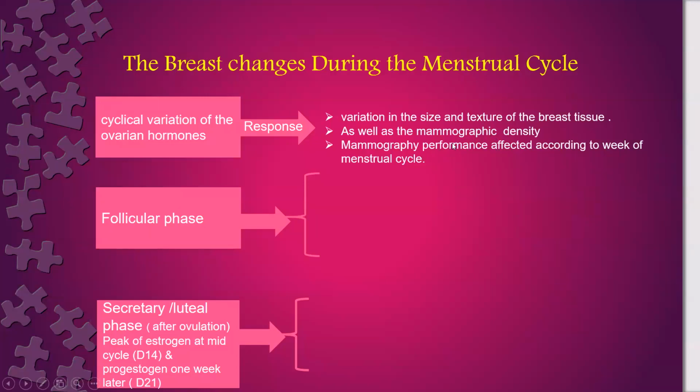And mammography performance is definitely going to be affected according to the change in mammographic density, according to the week of the menstrual cycle. What is the difference between the follicular and luteal phase? What is the optimum time to do a mammogram?